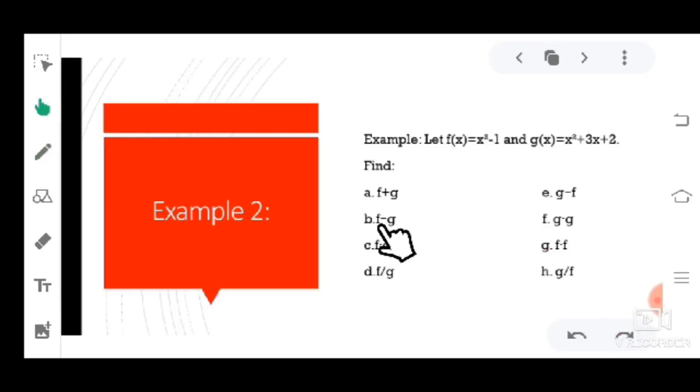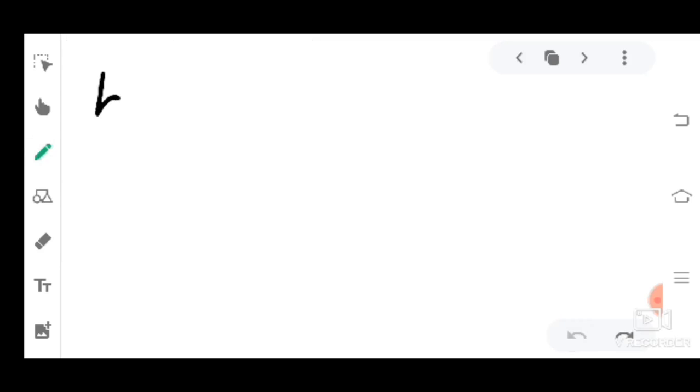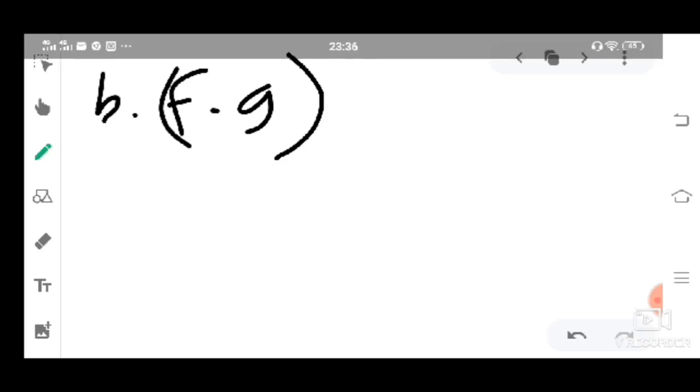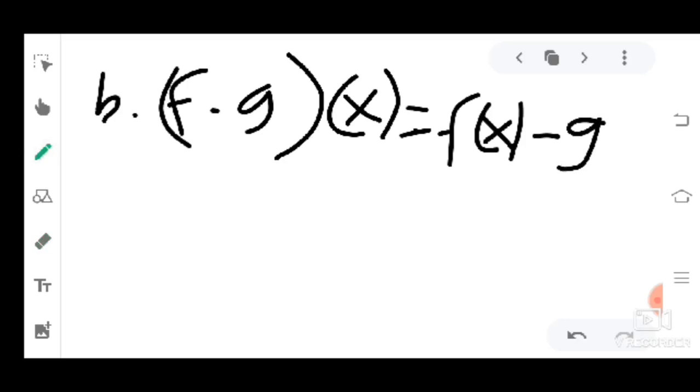For letter B, we are asked to find f minus g. So letter B, f minus g of x is just f of x minus g of x.